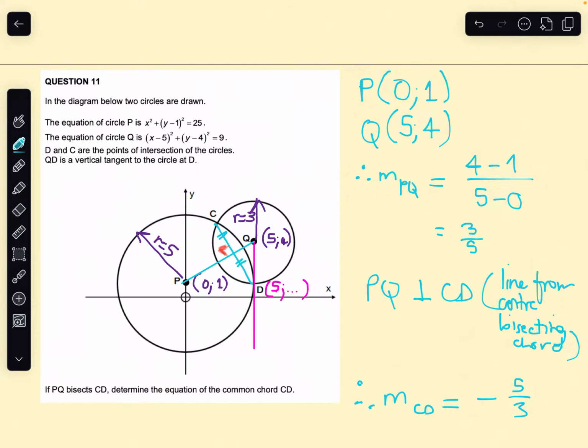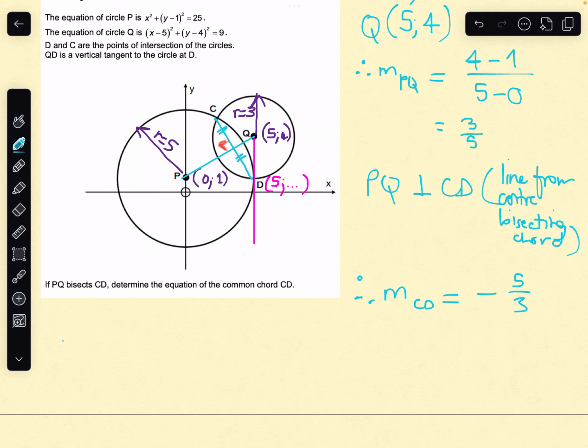That is the relationship of the gradients of perpendicular lines. Right. So therefore, the equation of CD will be something like y is equal to minus 5/3 x plus c.